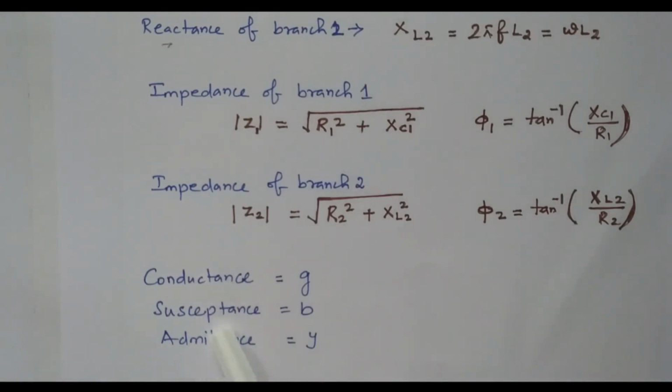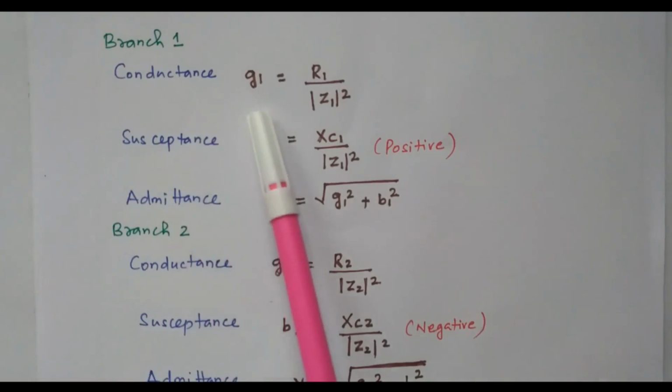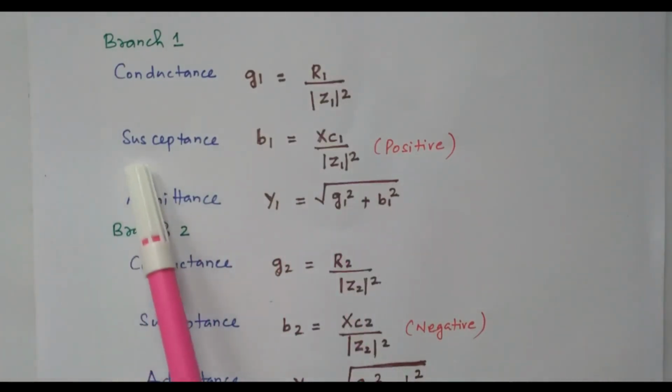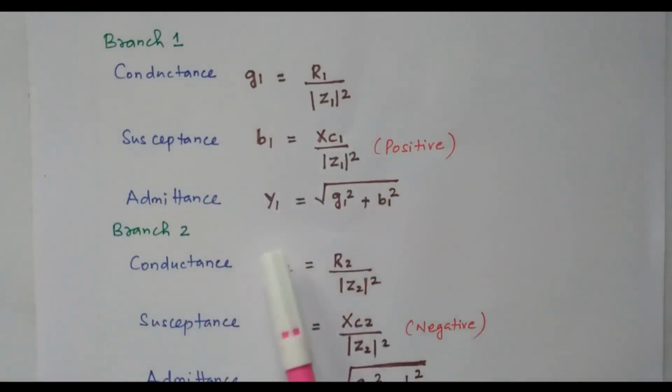Now we'll see these three terms for branch 1 as well as branch 2. For branch 1, conductance G1 is written as R1 divided by Z1 square. Susceptance B1 is written as XC1 divided by Z1 square. It is positive because in a capacitive circuit, it is positive.